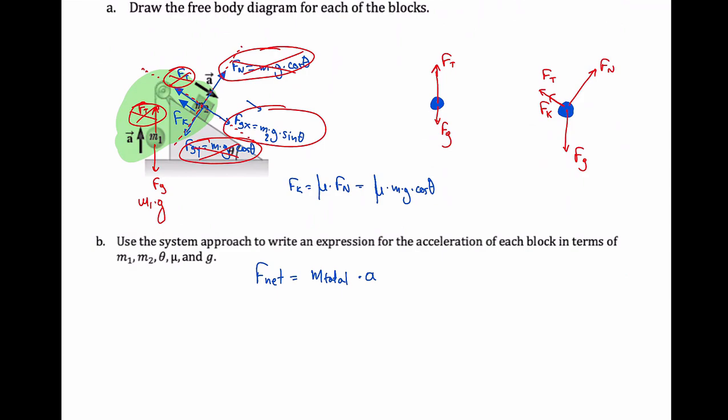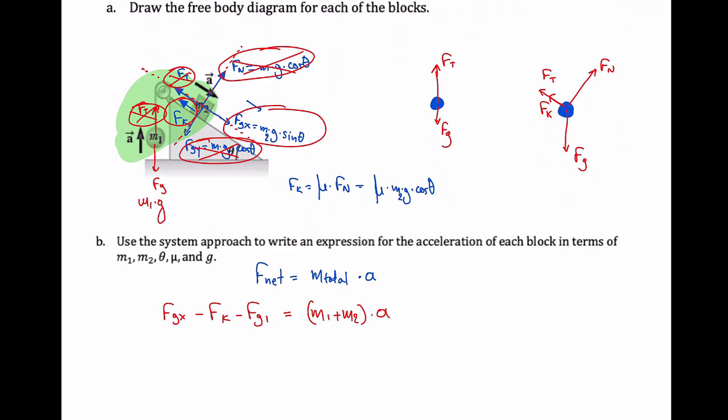It is mu times m2 times g times cosine theta, and there is a force of kinetic friction that opposes the motion. So the F net is the force of gravity x minus the force of friction minus the force of gravity for the first object. And it is equal to the total mass, which is m1 plus m2, multiplied by the acceleration.